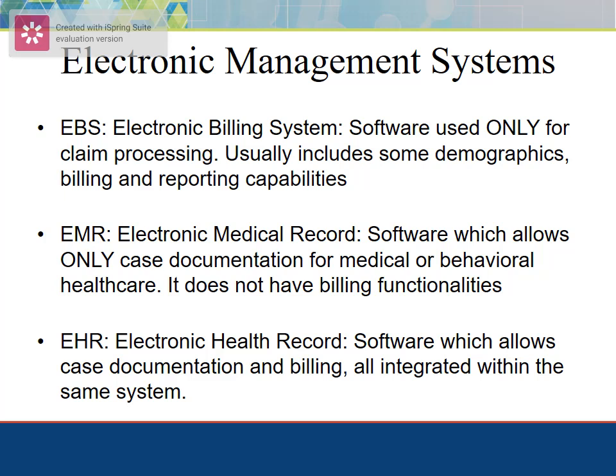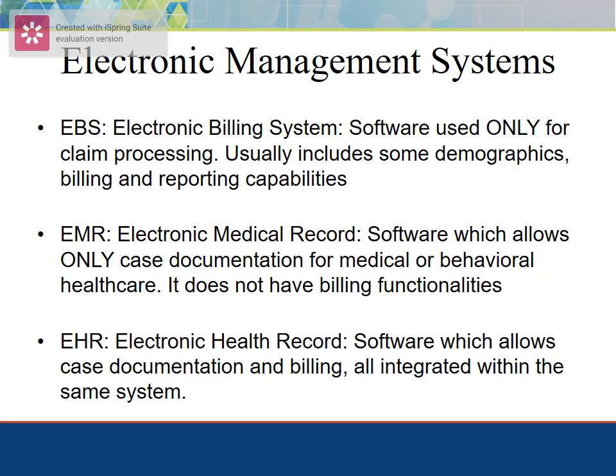In that, now we can jump into electronic management systems. And so when we talk about electronic management systems, what are they? Well, there's 3 different ones that are often referred to. One, EBS, electronic billing system. So this is the billing system software side. This specifically is talking about billing your third-party payers.